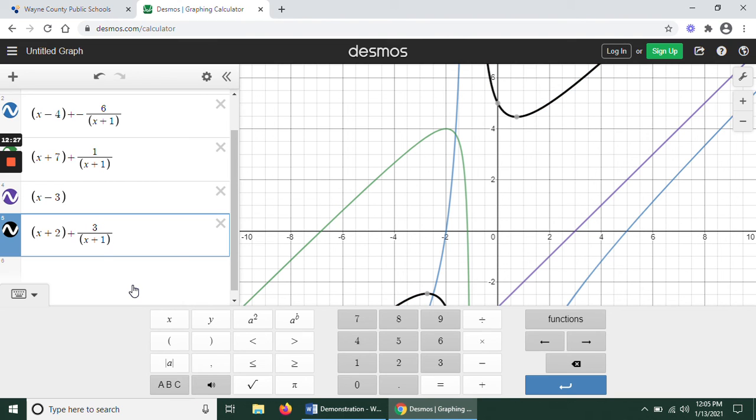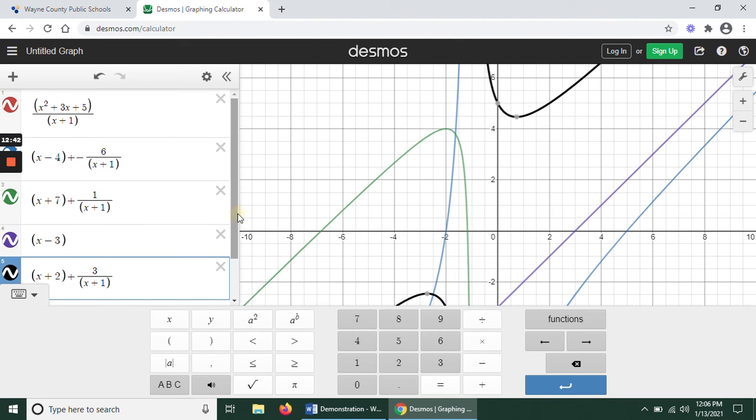Notice something here. We have a graph that is in black. And let me show you something very important.